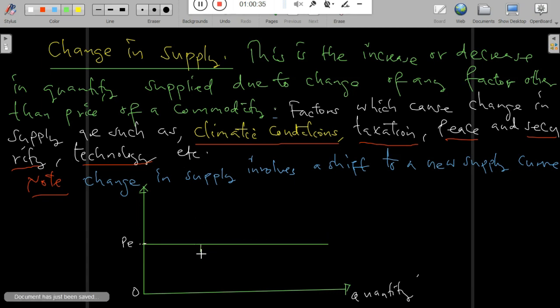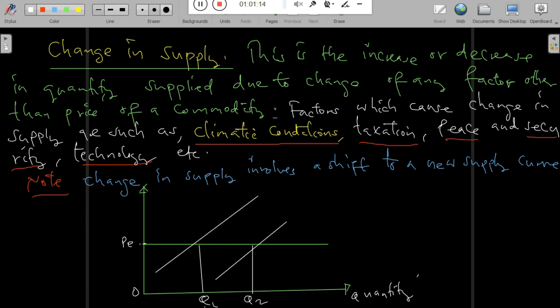This is quite different from the change in quantity supplied, whereby we observe movement along the same supply curve, but here the change in supply involves a shift to a new supply curve. When we sketch our graph, the change in supply will appear like this. Here we consider only factors other than price that affect supply.